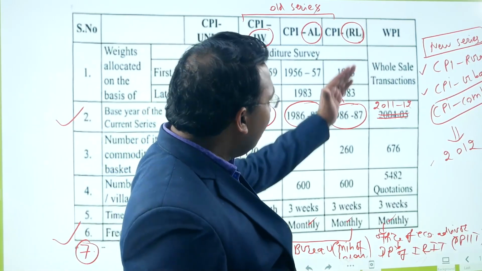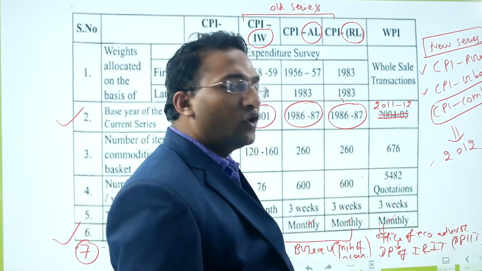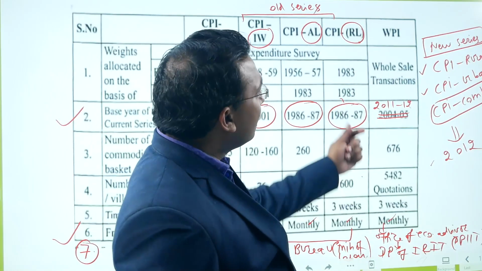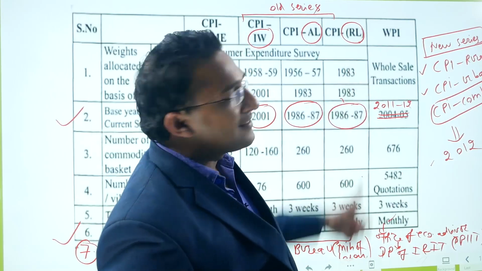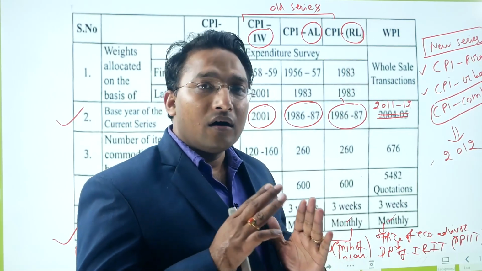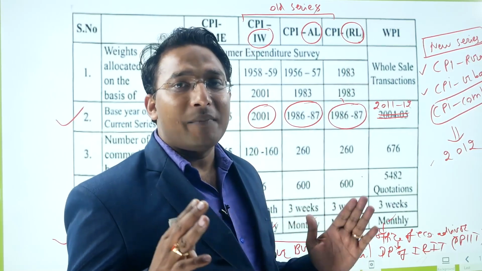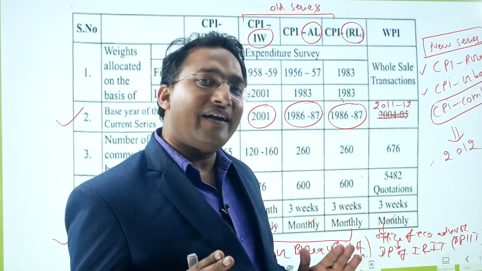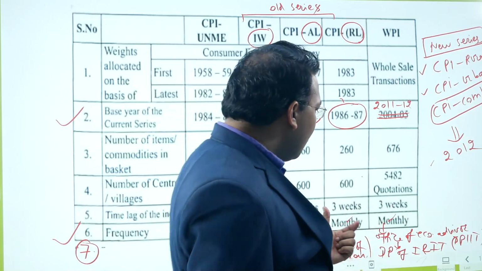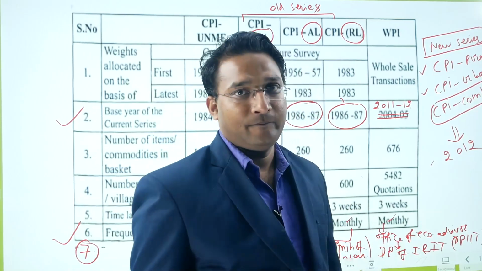Right? So ultimately WPI is given by the Ministry of Commerce and Industry. These wholesale transactions are done by commercial enterprises and industry, so it is very natural that it will come under the Ministry of Commerce and Industry.